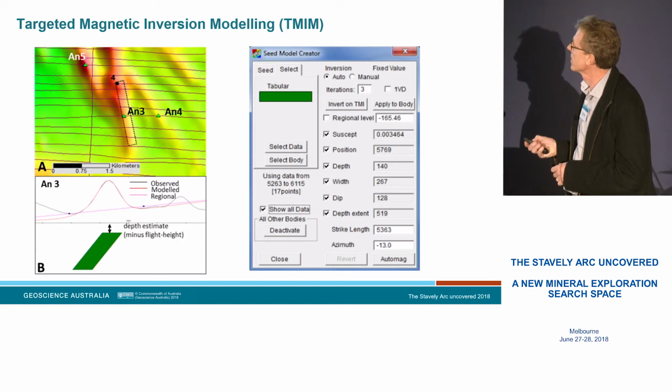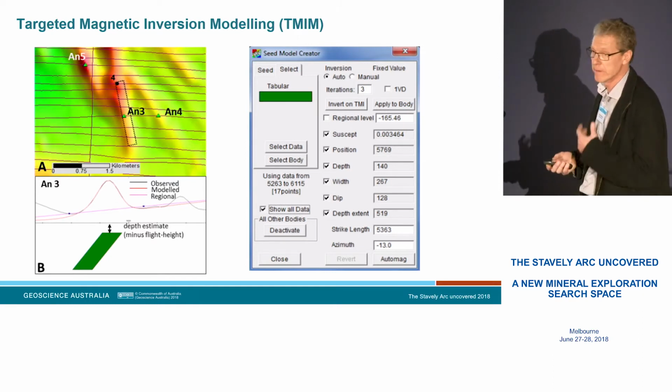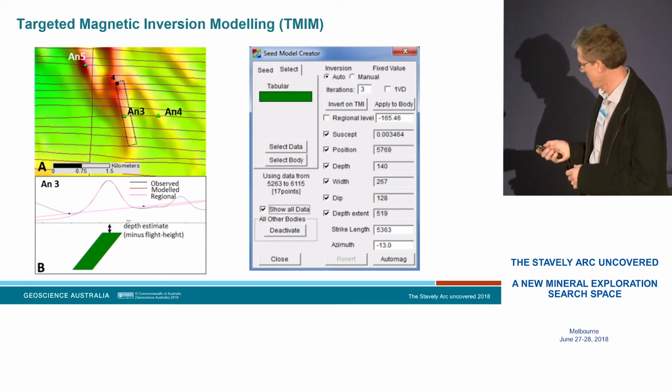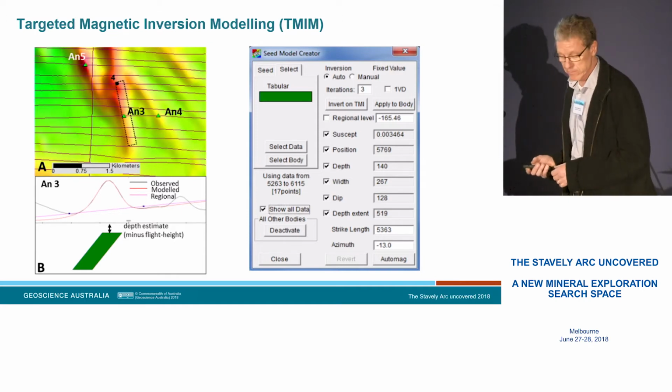So the idea is to target clean looking anomalies in the vicinity of the drill site, and then simulate the geology by a dipping tabular magnetic body, and then run an inversion on that. And it's a parametric inversion, and so the inversion is basically modifying these properties to minimise the misfit between your observed and your modelled magnetic data. And one of the properties, of course, is the depth, which is what we're primarily interested in.